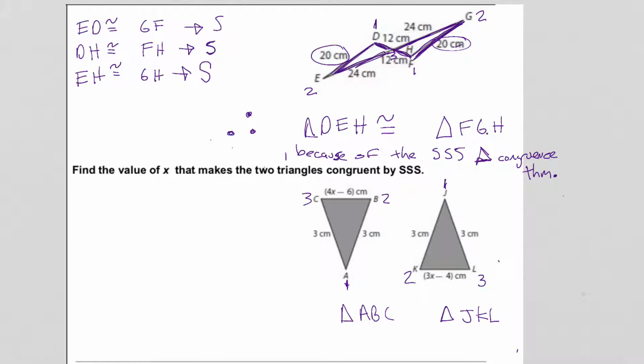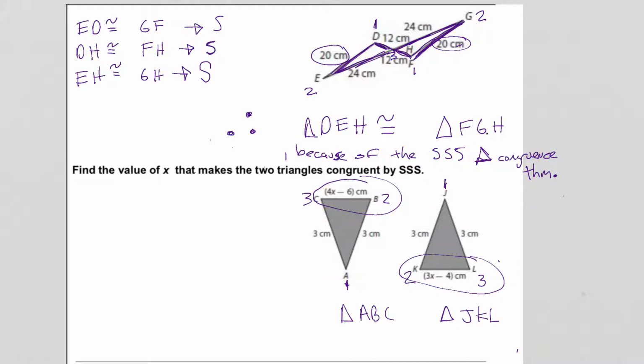So now it's clear to see that AB corresponds with JK, and so on. So we can find basically all the corresponding parts. So we have to find the value for x for this part and that part.